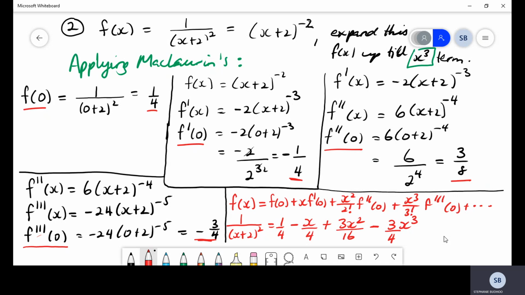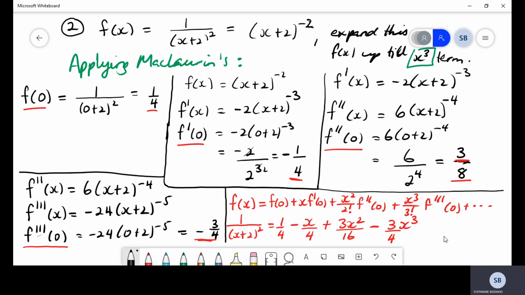This is supposed to be 3 over 4, not 3 over 8. Just use my black to correct that. See how easy it was to identify your mistake sometimes? You have to be very, very careful when doing these questions. 2 by 2. Oh, no, I was correct. I was definitely correct. I thought I made a little mistake there.